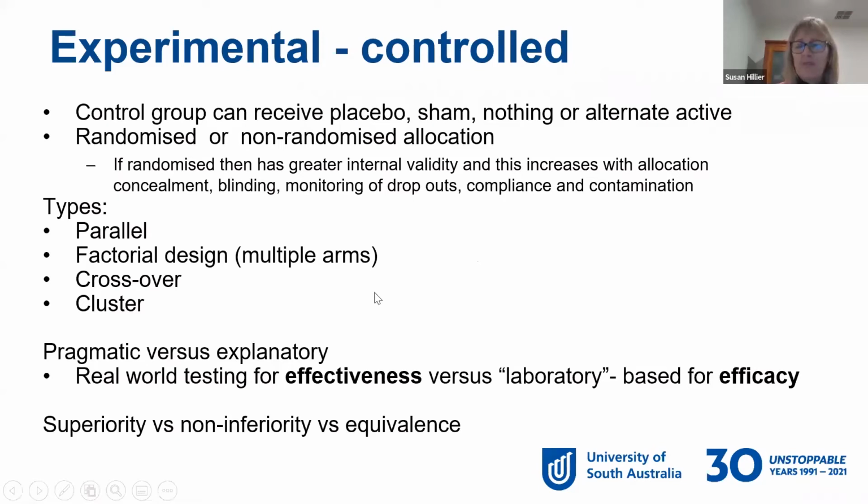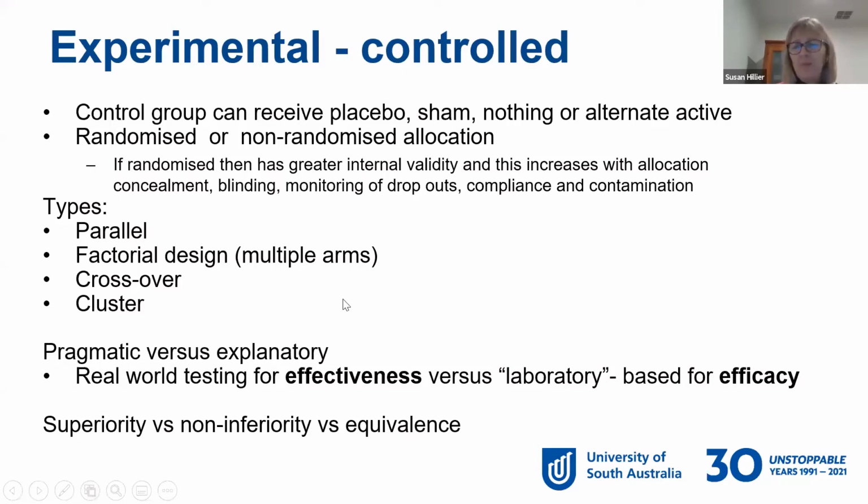We can have a sham treatment that the researcher is confident has no effect, that allows us then to probe the impact of placebo. We can have a control group that receives nothing, that has natural care, or an alternate active control, which is plausible or could also be usual care.